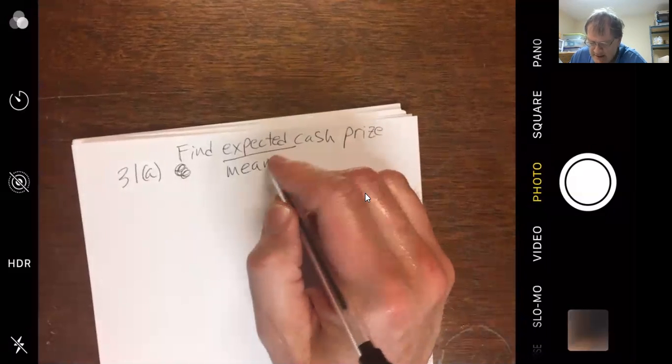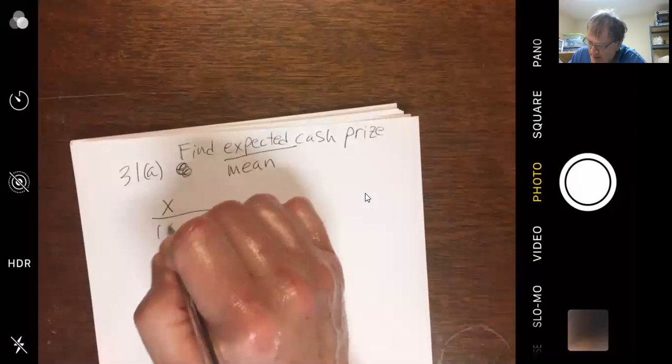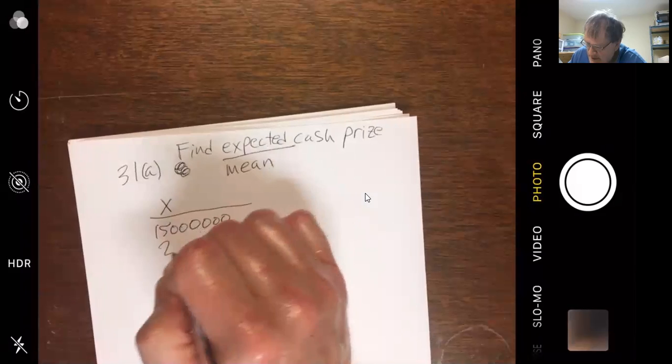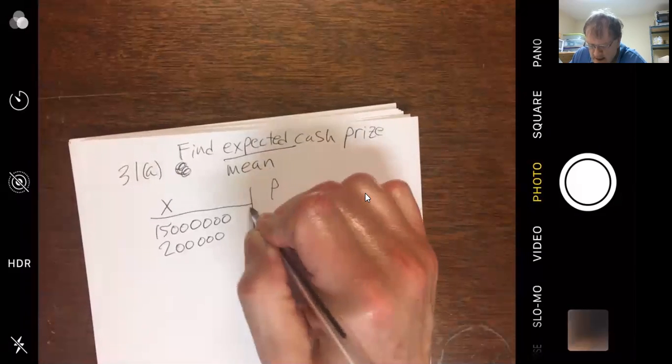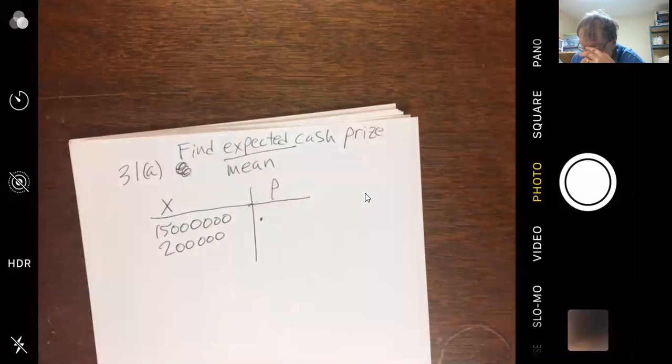Now, I won't recopy the entire table. I'll put in 15 million for the grand prize, maybe do one other row. 200,000 is the next prize. And the probability is how many zeros is that? I'm going blind. 1, 2, 3, 4, 5, 6, 7. That's 8 zeros.